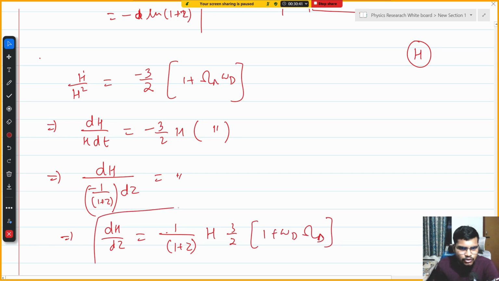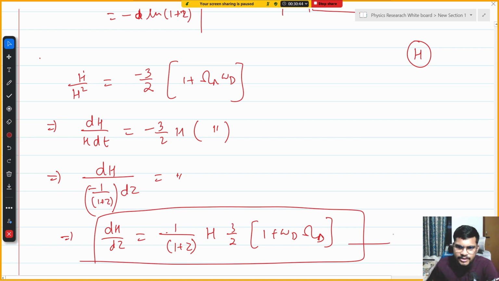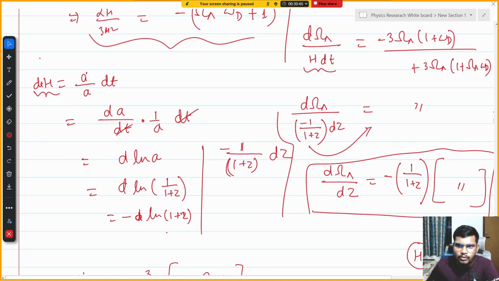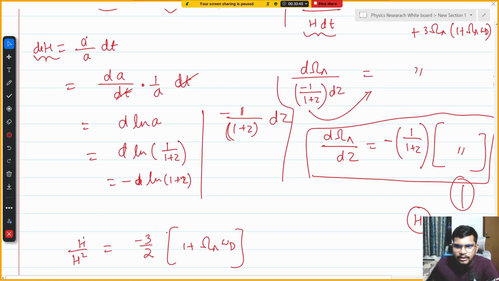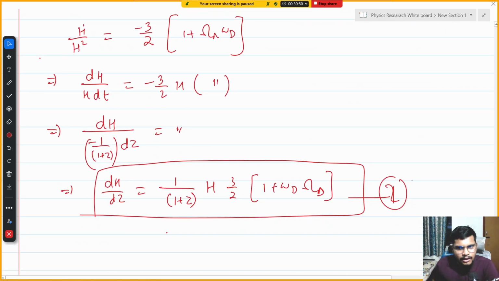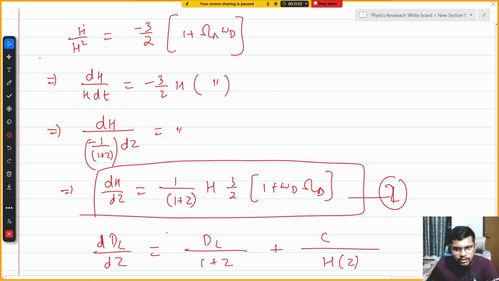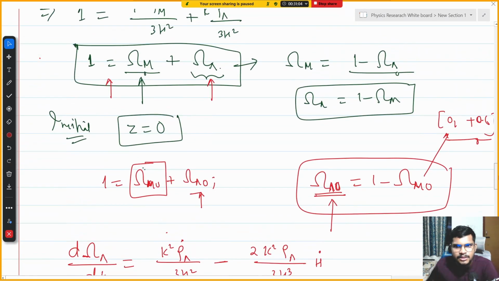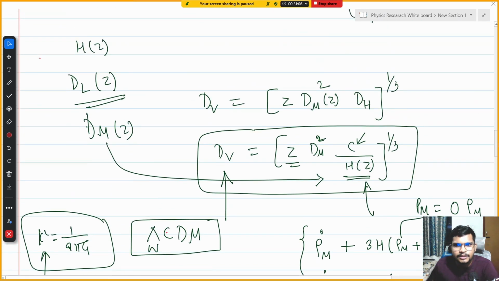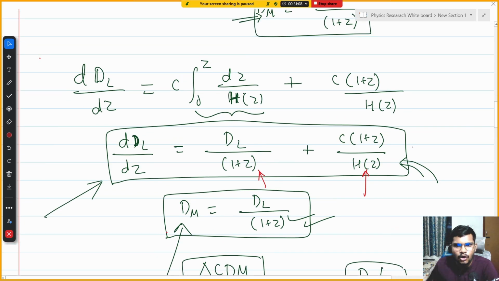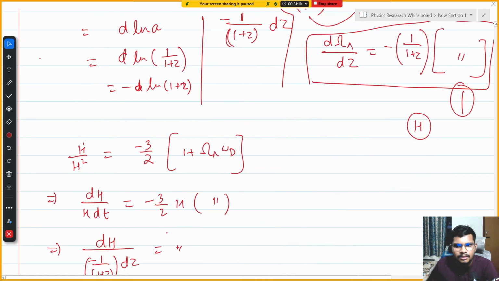So now I got this differential equation, equation number 1, equation number 2. And another equation is d of dl over dz is equal to dl over 1 plus z plus c over h of z, if I am not making any mistake, right? Yeah, c over 1 plus z into z.